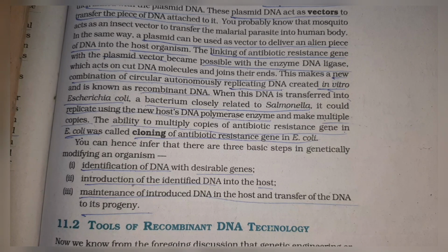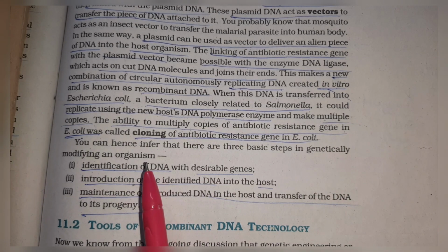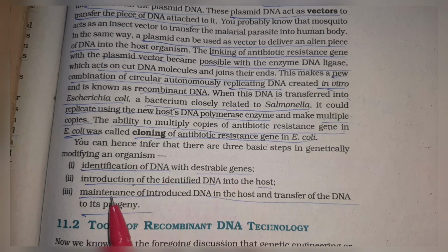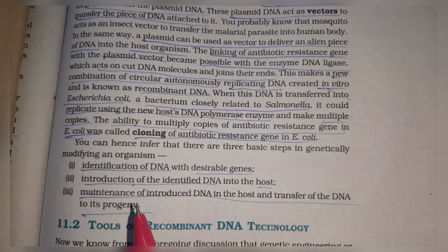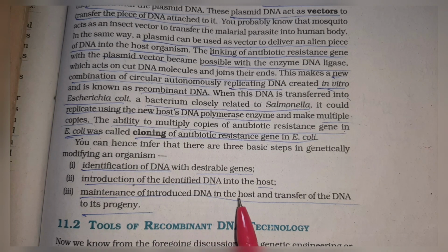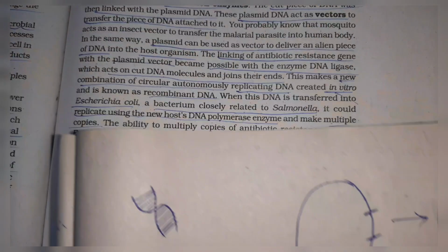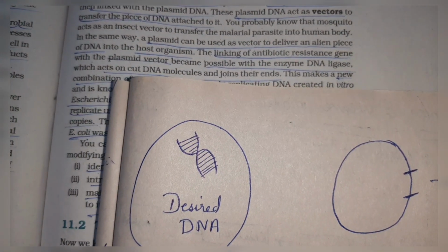You can hence infer that there are three basic steps in genetically modifying an organism. First, identification of DNA with desirable genes. Second, introduction of the identified DNA into the host. Third, maintenance of the introduced DNA in the host and transfer of the DNA to its progeny. First, we have identified our desirable gene. What is the second step?